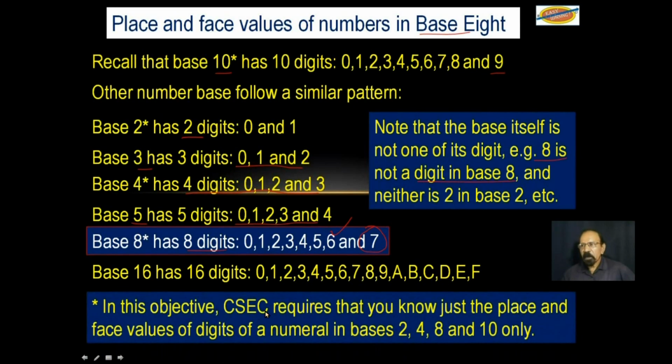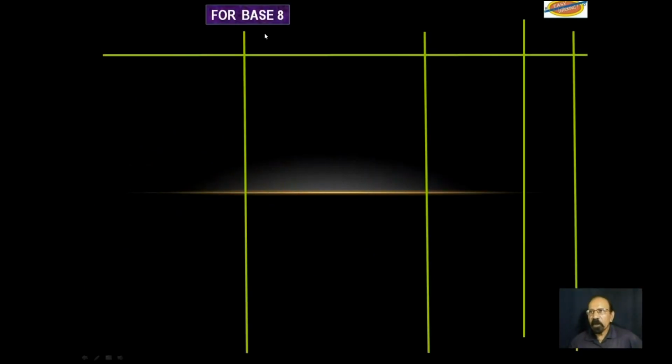As I said before, all this objective requires you to do is to know the place and face values of digits of numeral in bases 2, 4, 8, which we are doing now, and 10. So base 8. In base 8, this first column on your right here can take up to 7 ones.